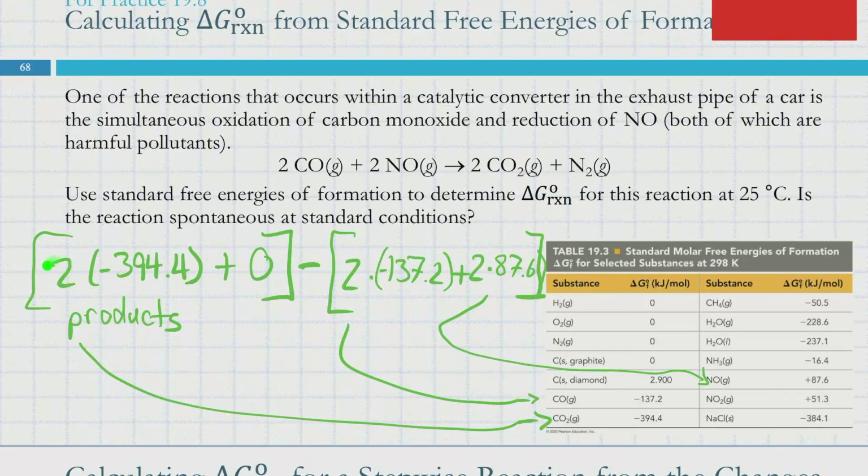So coefficient times the delta G for our product, that's not N2, are 2 times the delta G for CO plus 2 times the delta G of NO. So for our products, it's negative 788.8.